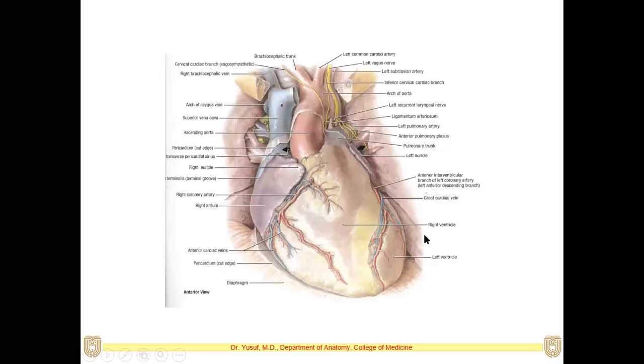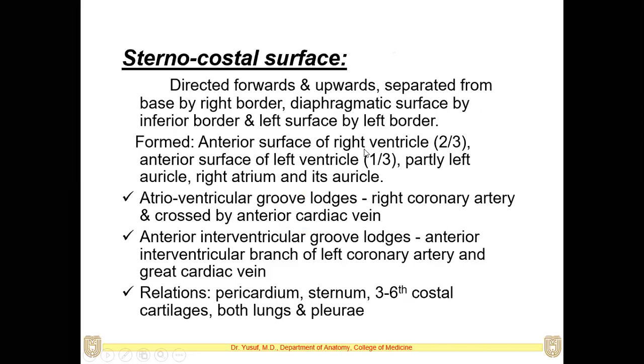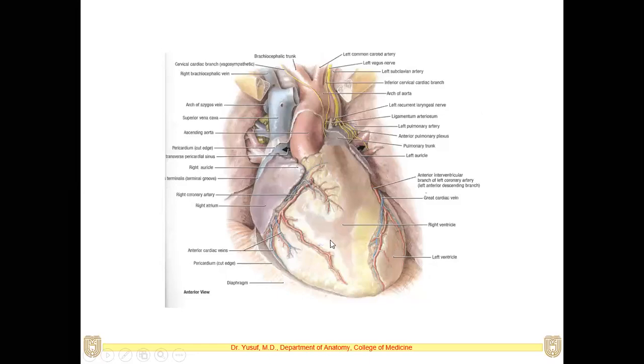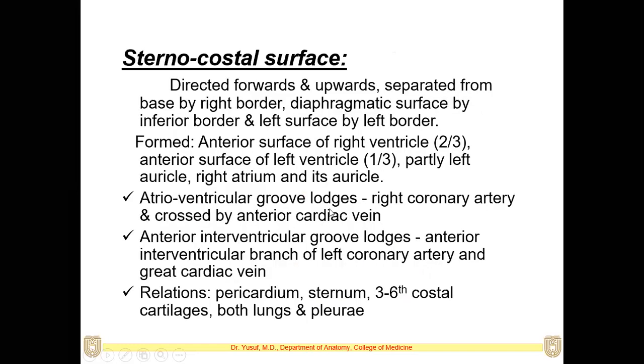This is the right ventricle here, so this large part is occupied by the right ventricle, and 1/3, by the anterior surface of the left ventricle. A very small portion is formed by the right atrium. The left ventricle is here, the right ventricle is here: right ventricle 2/3, left ventricle 1/3, and the right atrium a very small part.